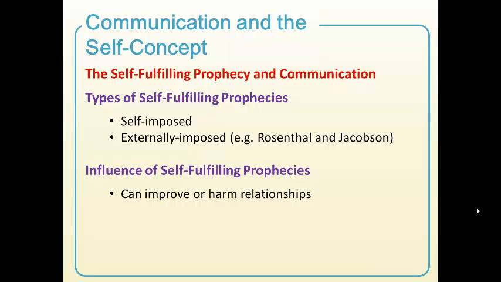Self-fulfilling prophecies can be a really positive thing in your life. They can help you to achieve, they can help you to move forward, meet challenges, but they can also be really harmful, and not just in terms of your life and your sense of self-esteem, but also your relationships with others. How you interact with others can really be affected by these self-fulfilling prophecies.